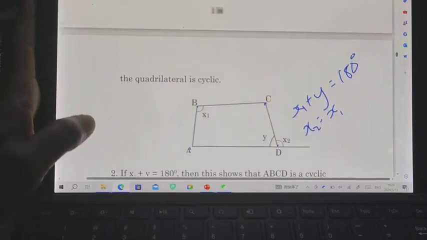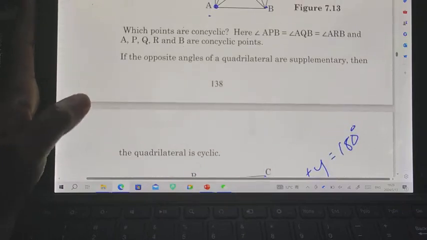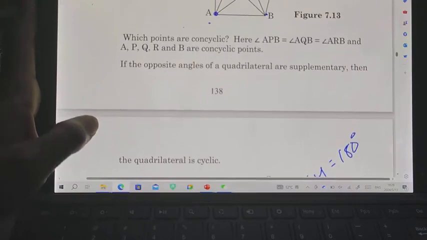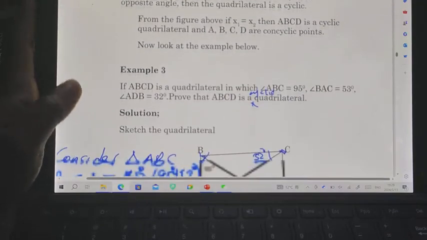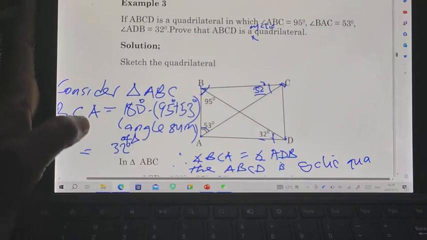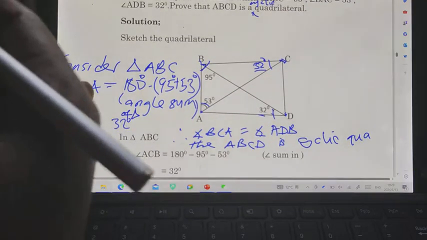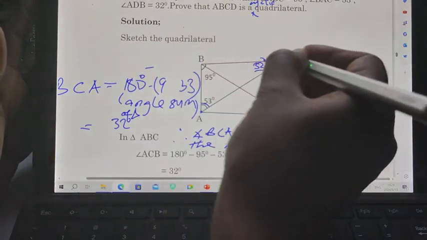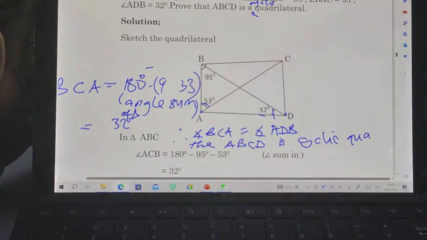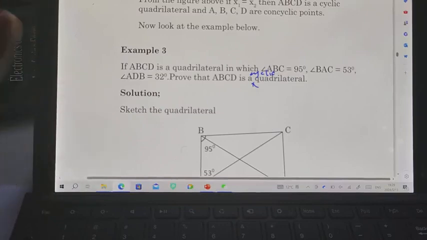So we are going to use the very same formulas. Let's take this out. Here we have this example.